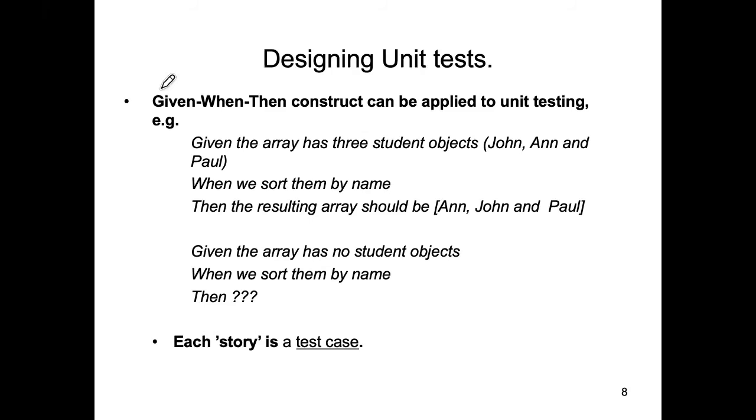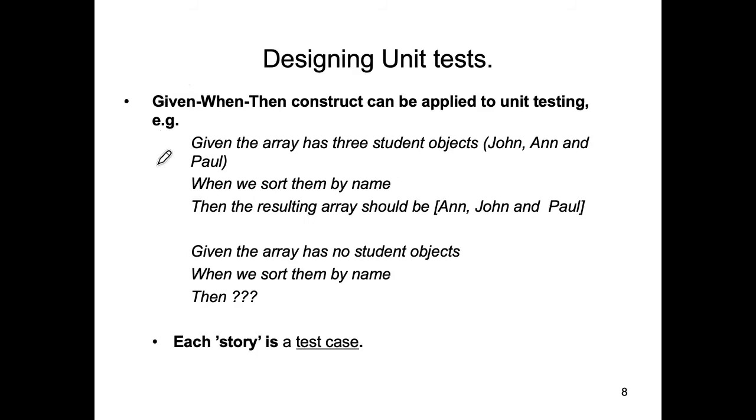It's also a good structure to follow when you're writing system tests. And I'm giving you examples, and maybe these are slightly trivial, but hopefully they prove the point that I'm trying to make.